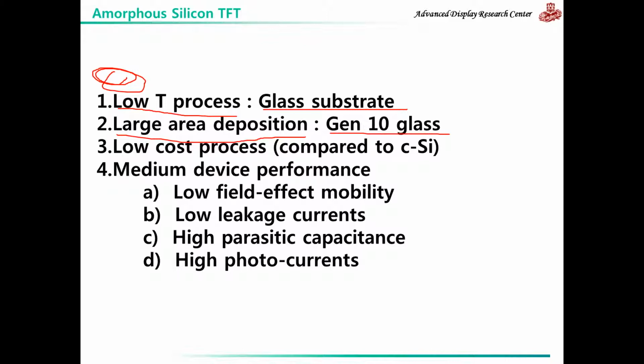The process is low cost compared to crystalline silicon, and among the limitations, the device performance of amorphous silicon TFTs is in the medium range, and this constitutes low field defect mobility, low leakage currents, high parasitic capacitance, and high photo currents.